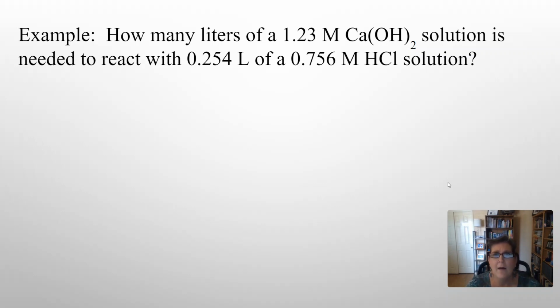So we have calcium hydroxide and we have hydrochloric acid. We have two chemicals. We know the molarity of calcium hydroxide, but not the liters. We know the molarity and the liters of hydrochloric acid.